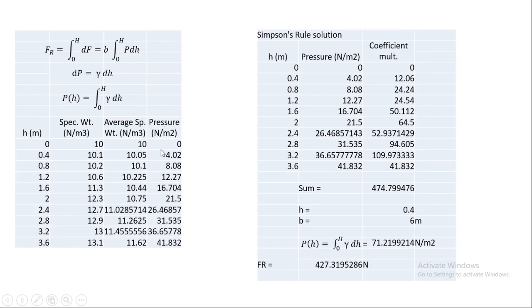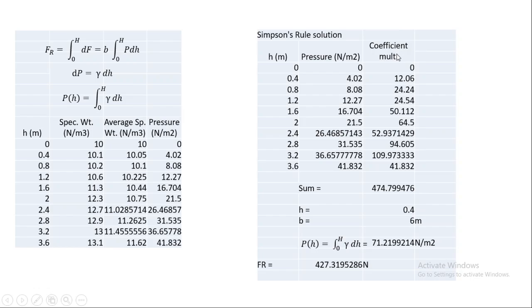After determining the p values, what I have to do is integrate p with respect to dh, where x is h and the f value is p. So these are the p values.